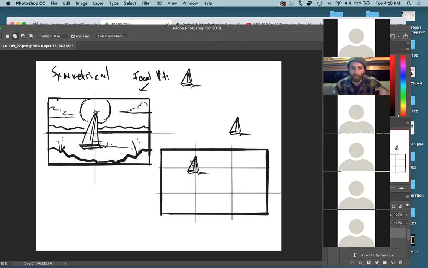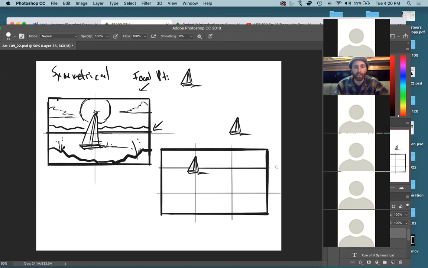I can make it a little bigger or a little smaller. I'm going to leave it about this size for now, but this space is going to work a little bit differently. Now as I put in this horizon line right here, I'm going to put that on a third as well.